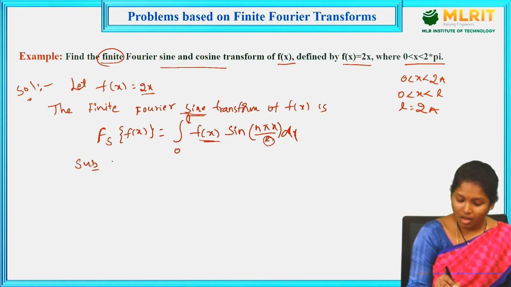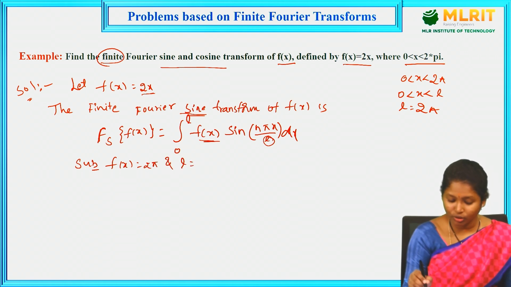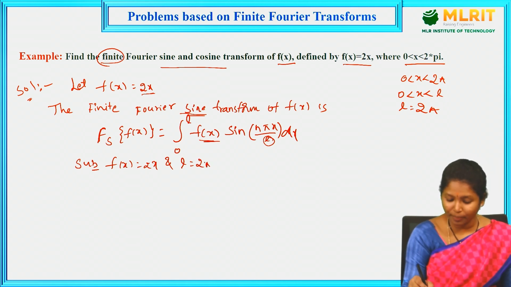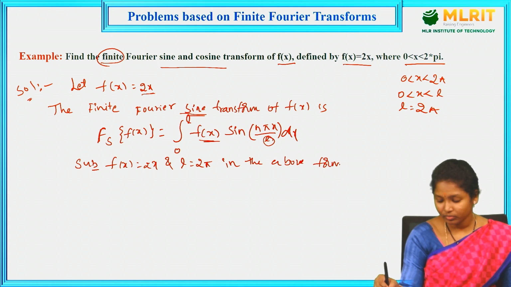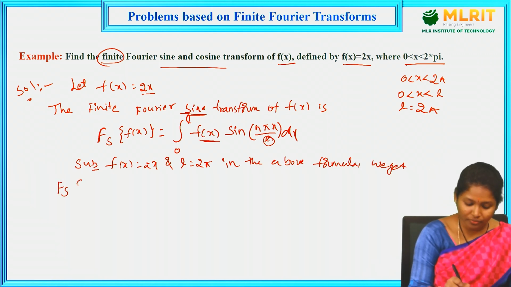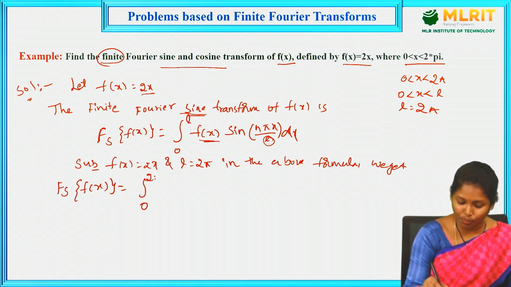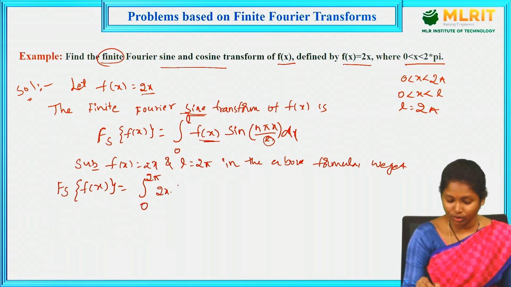Substitute f of x equal to 2x and L equal to 2 pi in the above formula. We get the finite Fourier sine transform of f of x equal to integral 0 to 2 pi, what is f of x here? 2x, right? 2x into sine n pi x by 2 pi dx.